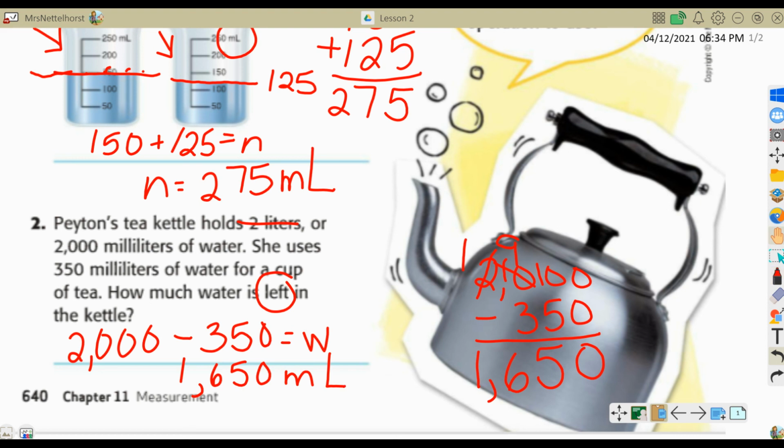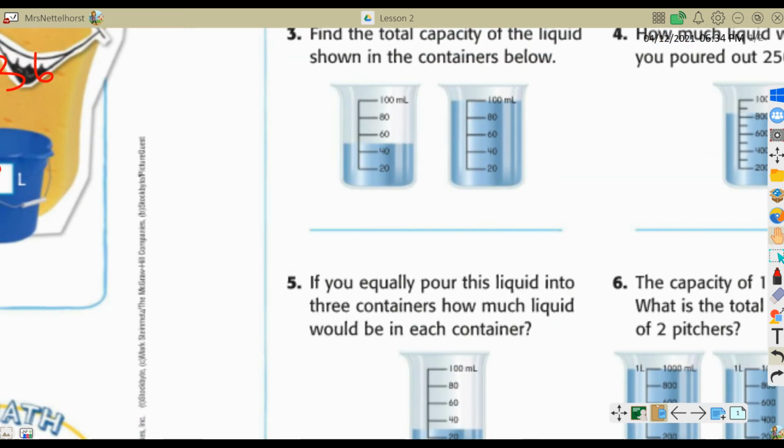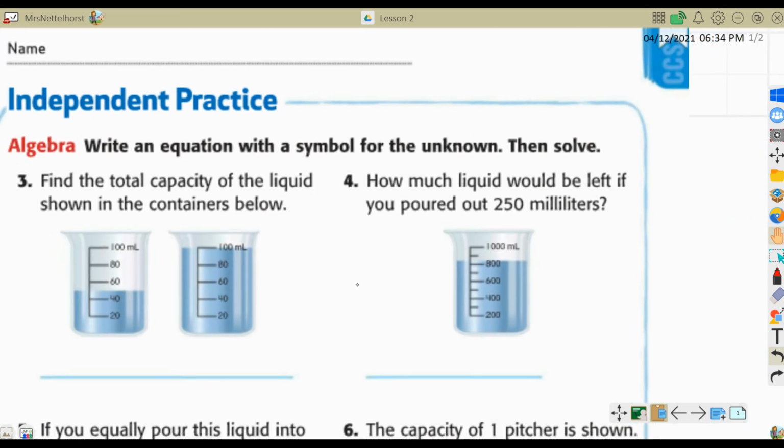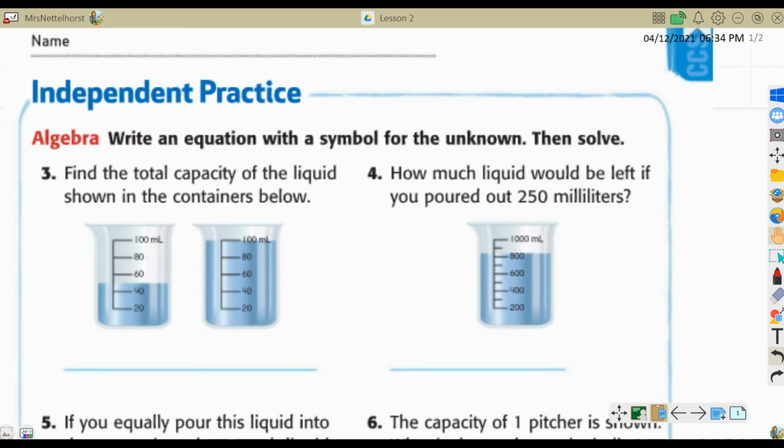Okay, on to the independent practice. So your job is to write an equation with a symbol for the unknown, then solve. You're going to do exactly what we just did in guided practice. Okay, so now look at this beaker right here. This is between 40 and 60. So counting by tens, there is a number in between 40 and 60.